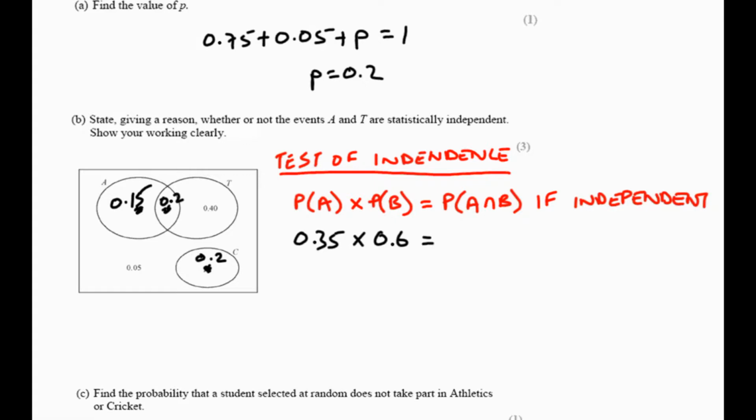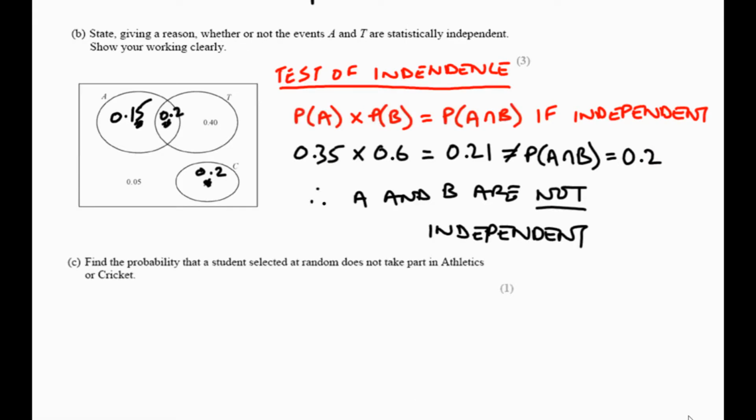If I multiply them, I get an answer of 0.21. Is that the intersection? 0.21 does not equal the intersection because the intersection was 0.2. The fact that it's close does not matter. It's not good enough. This does not equal the intersection. Therefore, A and B are not independent.